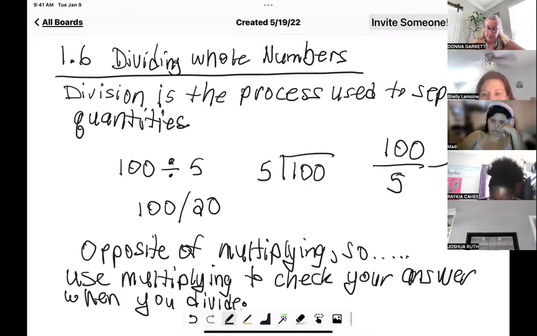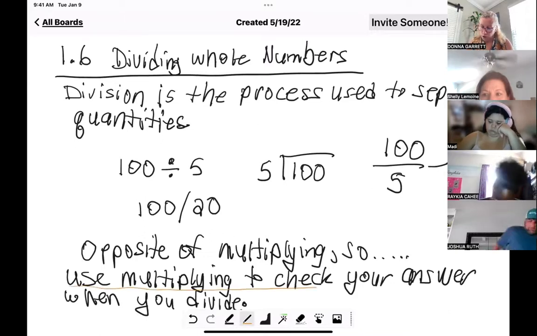I think that's a great practice. You should always check your answer when you divide by multiplying. Use multiplying to check your answer when you divide.